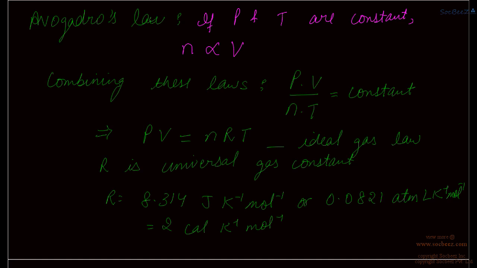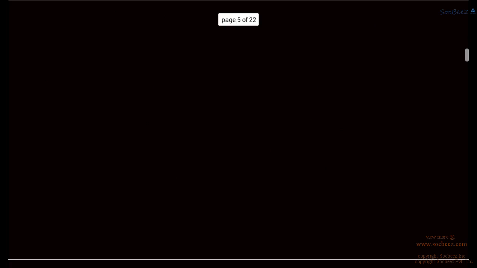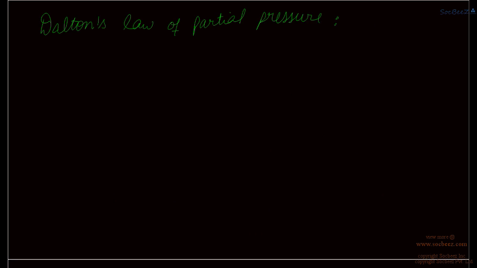Now let's discuss Dalton's law of partial pressure. As we have already discussed in our discussion on mole concept, Dalton's law of partial pressure states that P total equals the summation of the pressures exerted by the individual gases present in that mixture, and the mixture should be non-reactive.